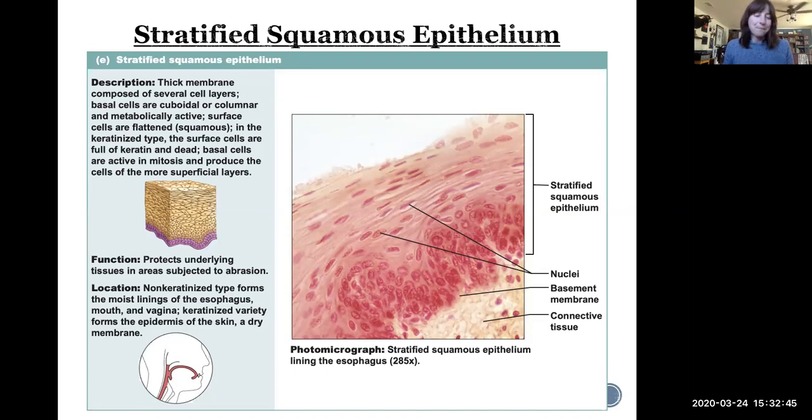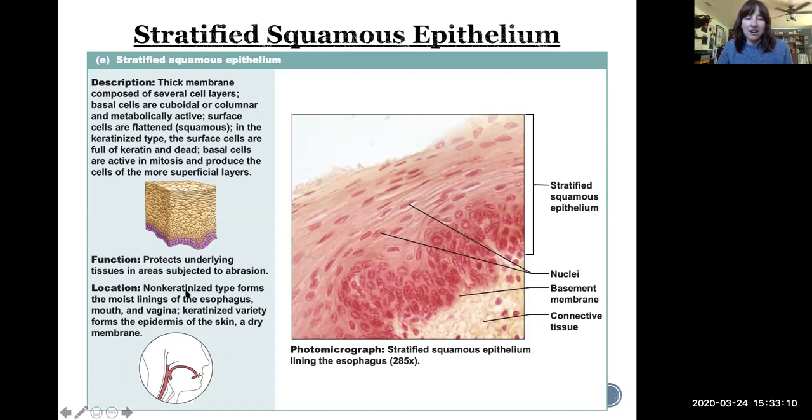No? Okay, so the keratinized ones are your skin, your nails, and your hair. Sorry, we're talking about epithelial tissue: your skin only. Your nails and hair are just pure keratin, not cells, secreted by your skin cells. So the keratinized version of stratified squamous epithelium is your skin, basically.